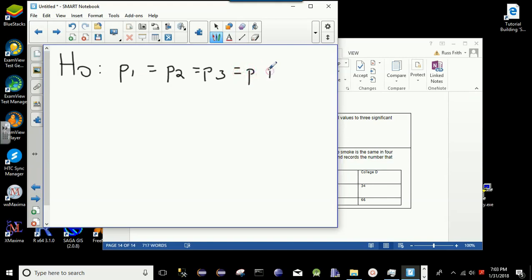And then the alternate hypothesis is that at least one proportion is different. Then we need to calculate our chi-squared test statistic. All right, so let's go into Excel and do this.